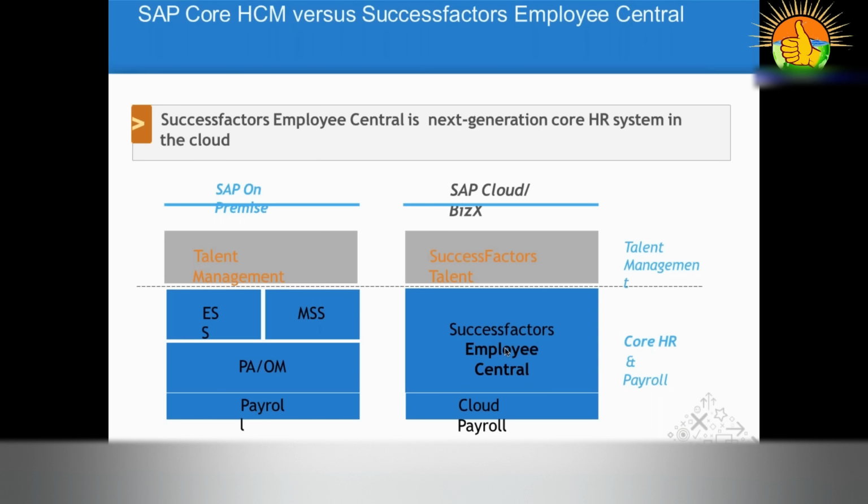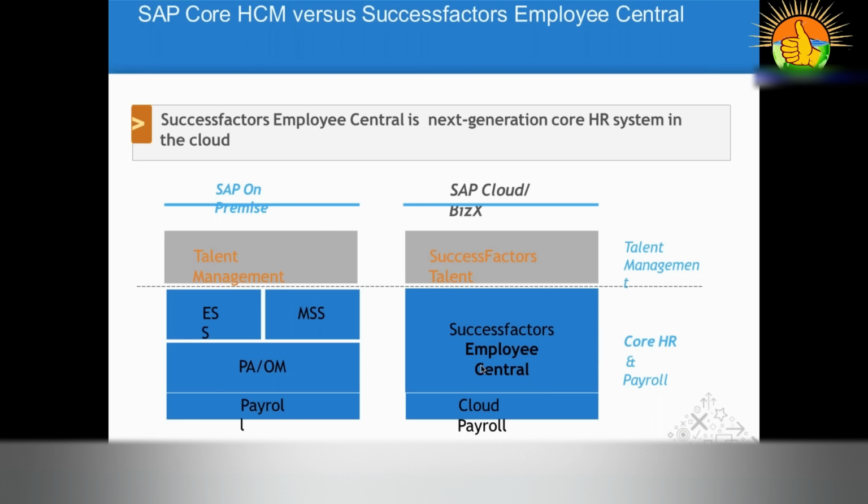So yeah, this particular slide shows a comparison between the on-premise and the cloud solution, wherein whatever was ESS, Employee Self-Service, MSS, Manager Self-Service, PA, and OM, these four modules in the on-premise HCM, is just one module here called Employee Central.